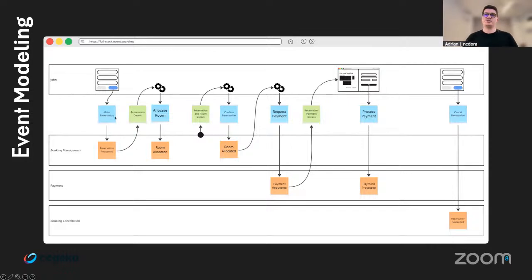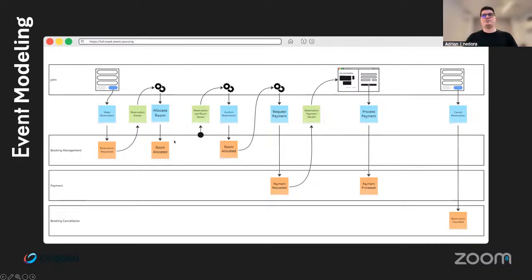The blue cards represent the commands, the input data from the actual user. Those commands generate events, and those events trigger other actions and also help us build a state or a read model. The swim lanes at the bottom are the systems that we interact with in order to achieve this flow.